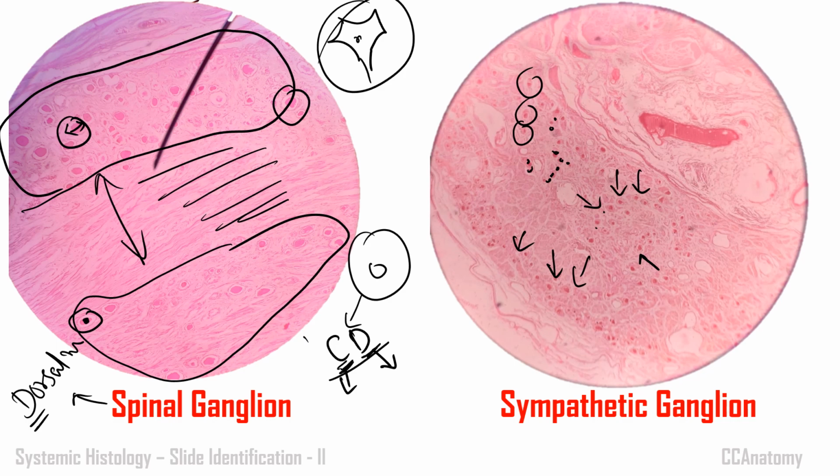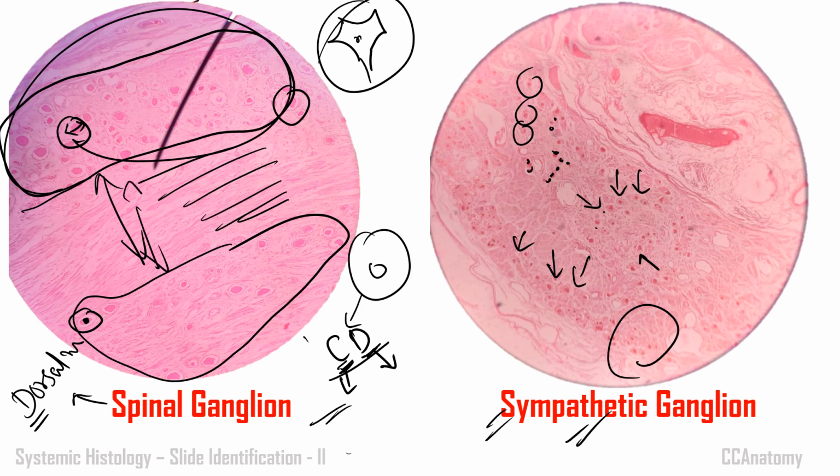The nucleus is a bit eccentric in the sympathetic ganglion, but it is hard to appreciate that eccentric nature because of the very small, tiny neurons. With this point you can differentiate the spinal ganglion from the sympathetic ganglion easily. I'm repeating again: in the spinal ganglion the cell bodies are located in groups. In between the groups you can see the nerve fiber layer.